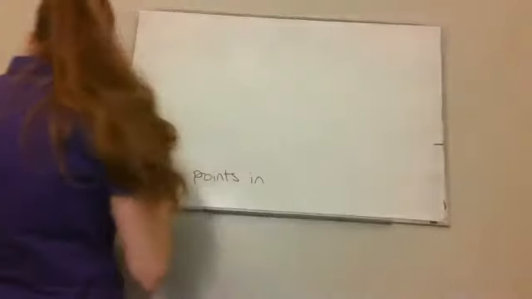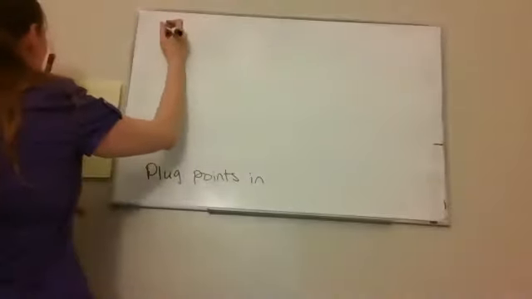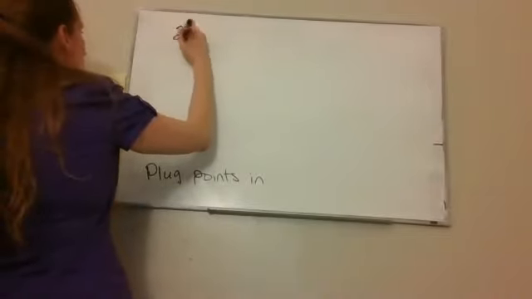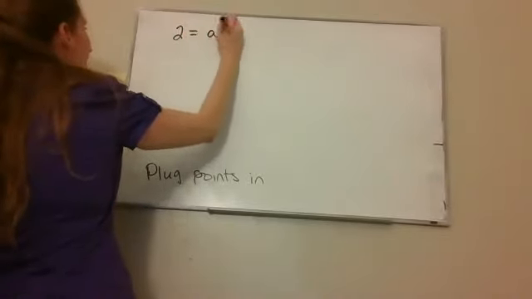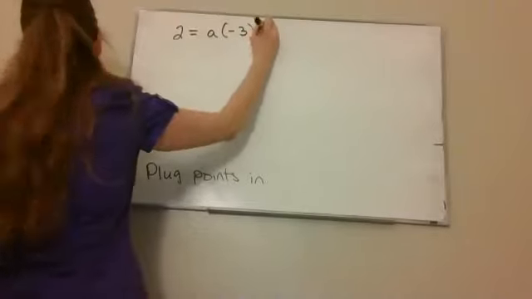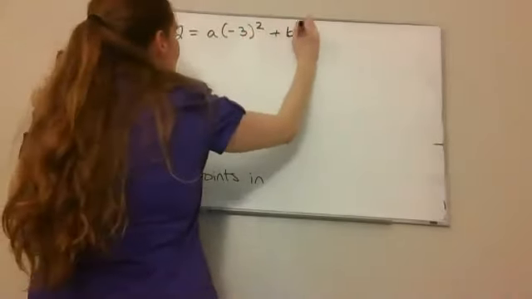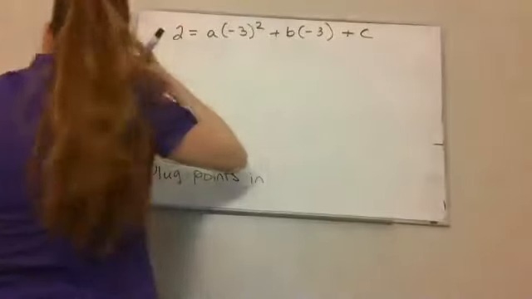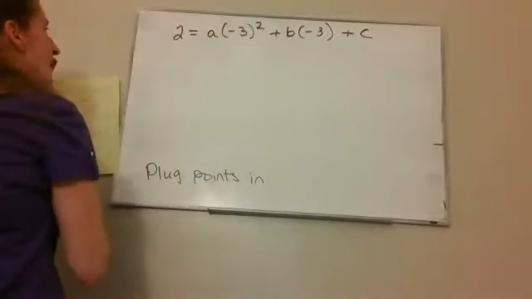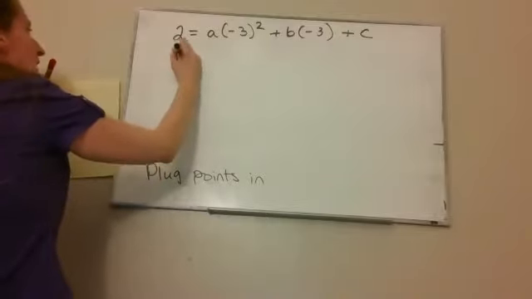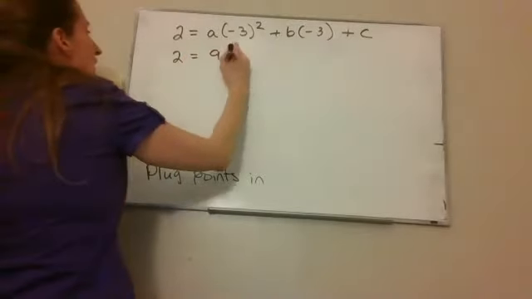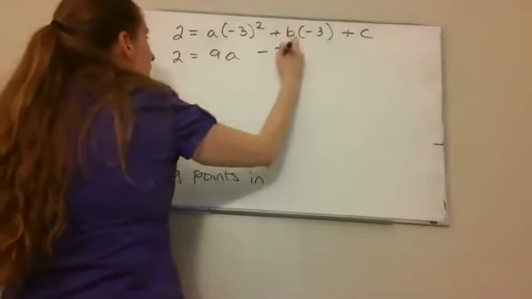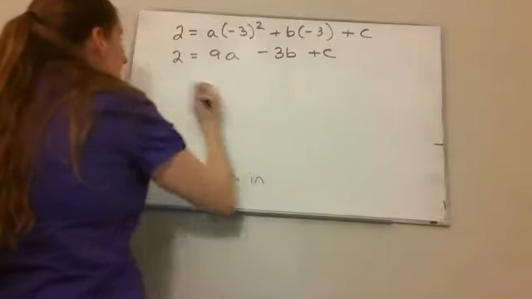When I plug in the point -3, 2, I get 2 equals a times -3 squared plus b times -3 plus c. And that simplifies to 2 equals 9a minus 3b plus c.